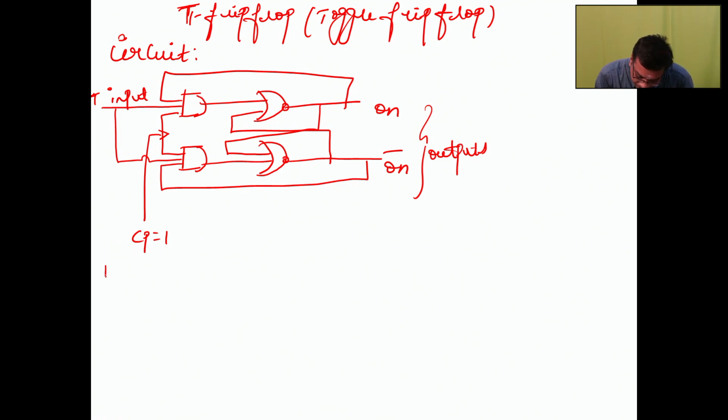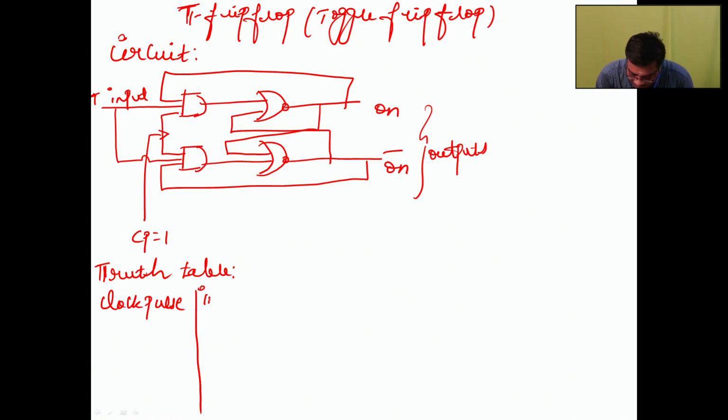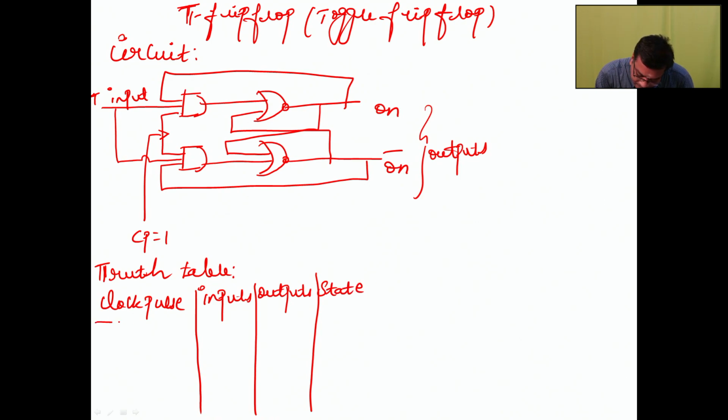So, truth table. Clock pulse, inputs, outputs, and state. T, Qn bar.